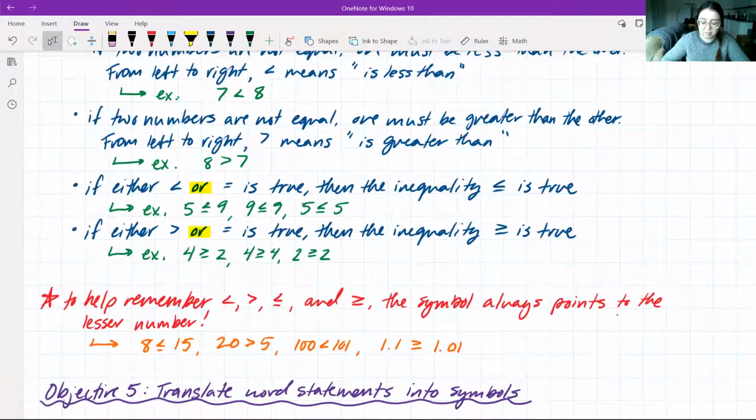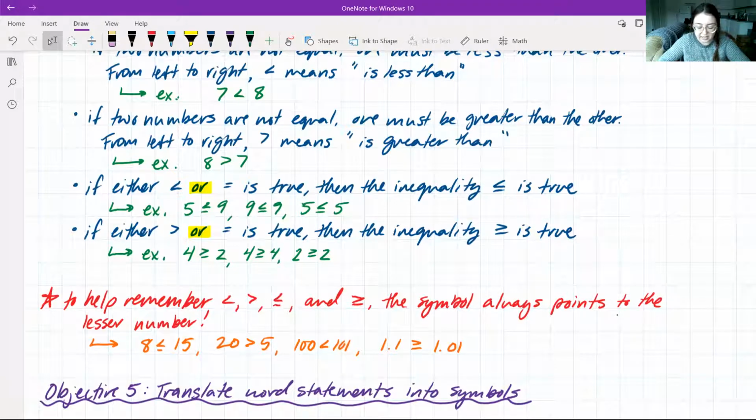To help remember less than, greater than, less than or equal to, and greater than or equal to, the symbol always points to the lesser number. Whichever inequality you're going to use, whichever way you write it, the point has to be going towards the smaller number.